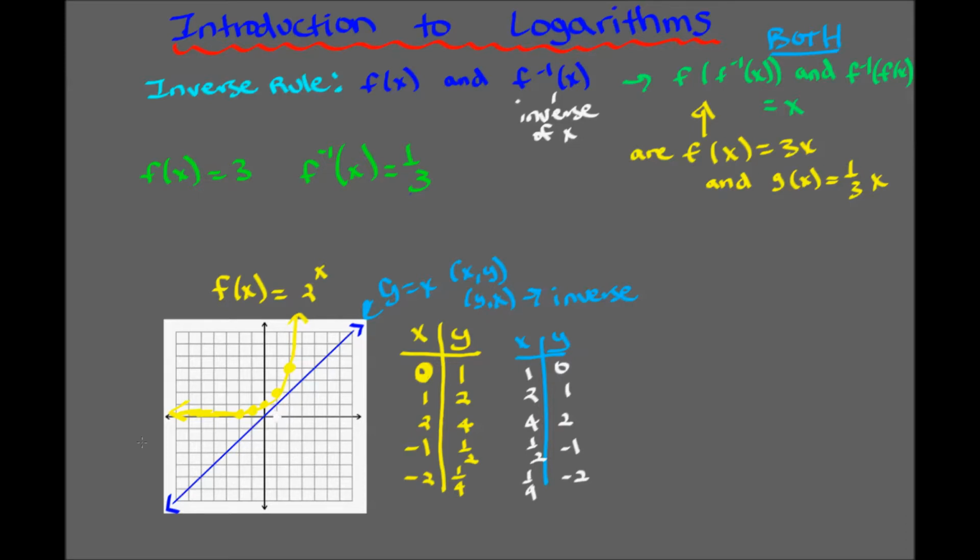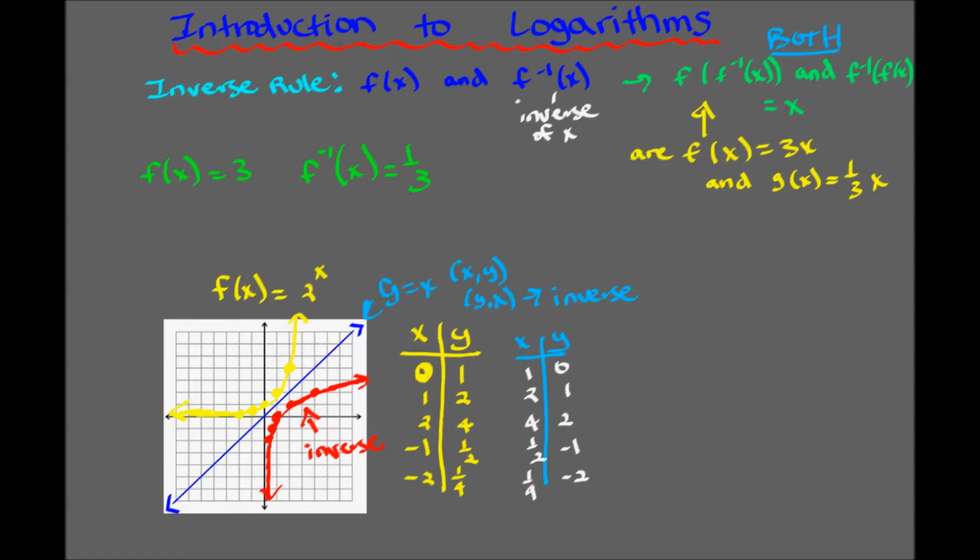We have (1, 0), (2, 1), (4, 2), (1/2, -1), and (1/4, -2). If I draw a quick sketch of a line right here, it's not perfect, but it gives the general idea. This is the inverse, and this is how you do it graphically.